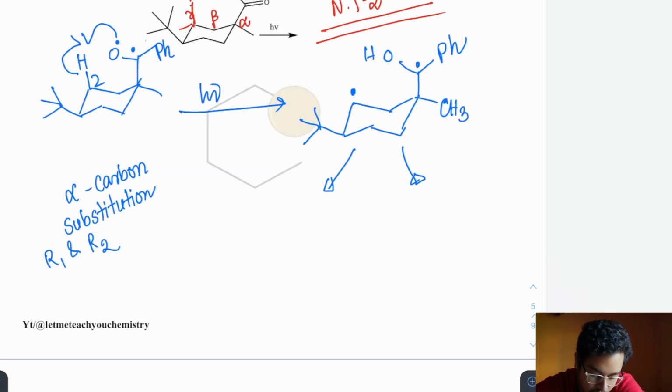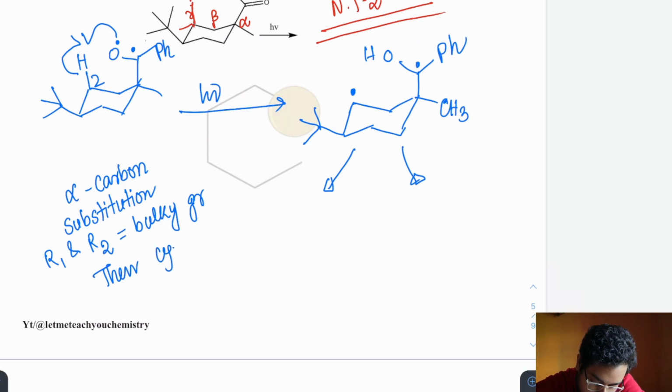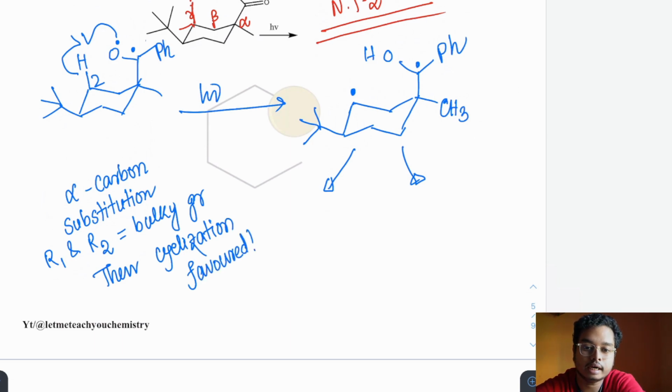Okay. If R1 and R2 both have bulky groups, then cyclization is favored. That I actually discussed in lecture 5.